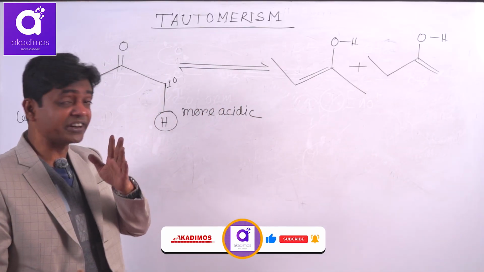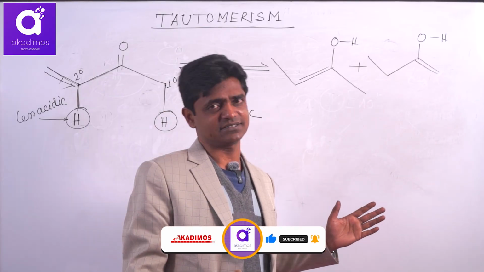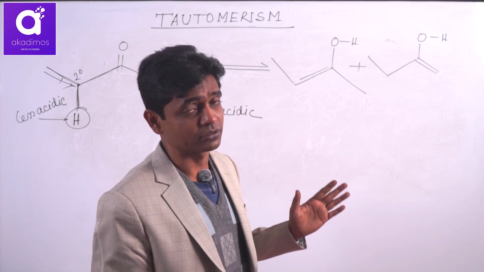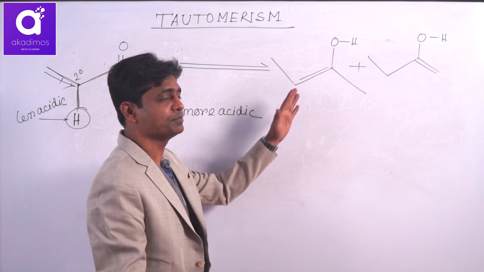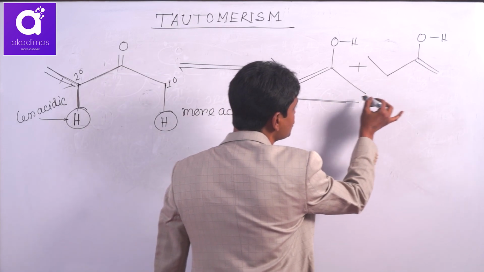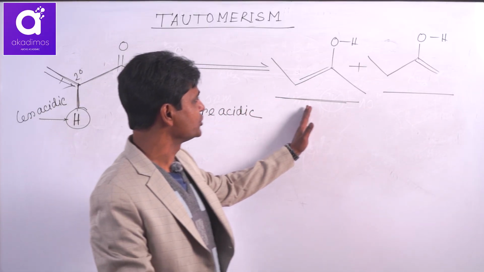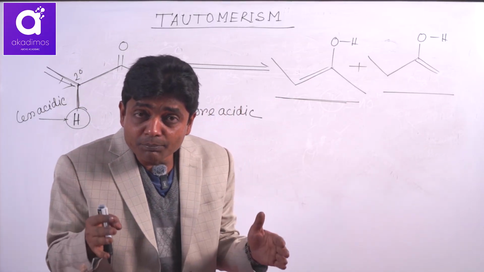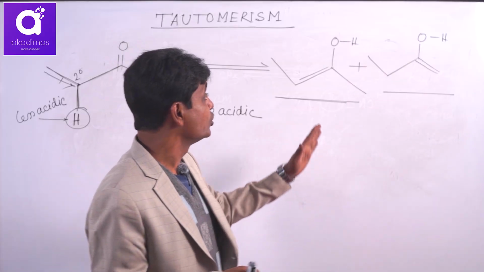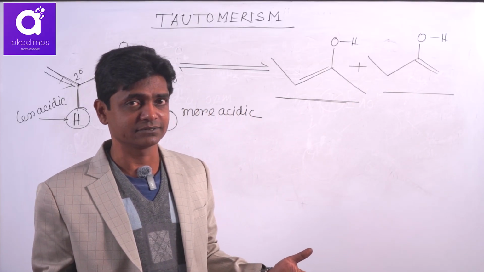Now my question is, enol contribution is less due to carbon-oxygen pi bond energy being more than the C=C pi bond. But my question is this: among these 2 enols, which one is major? If it is 0.1% present, among that 0.1%, which one is more, which one is minor, or are both equal?